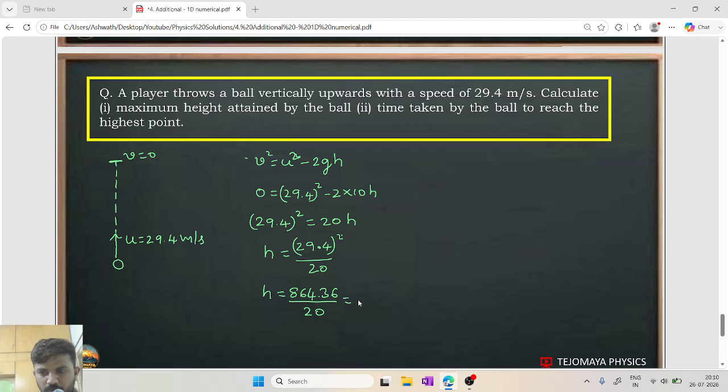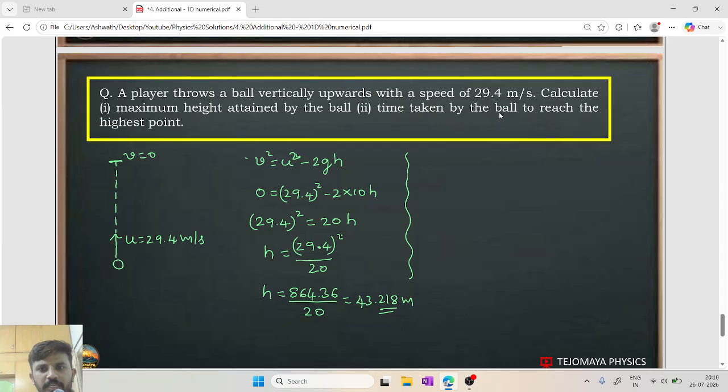So we will get somewhere around 43.218 meters. Correct? Yes. When you use g value, you can take 9.8 also, but it is not mentioned. Let it be.